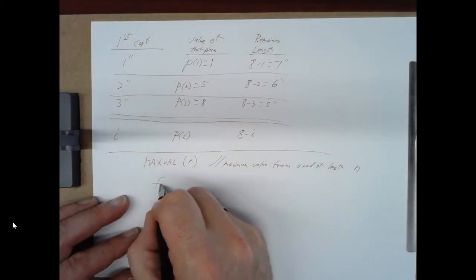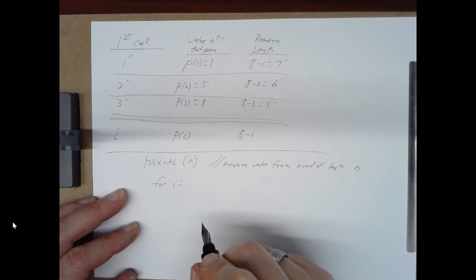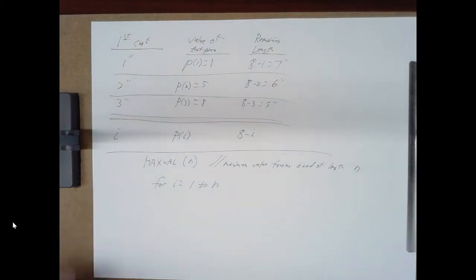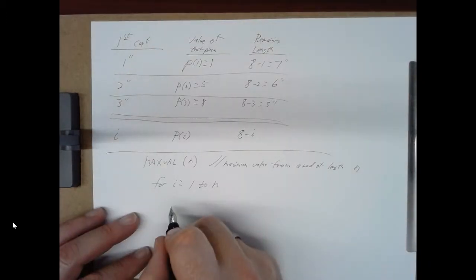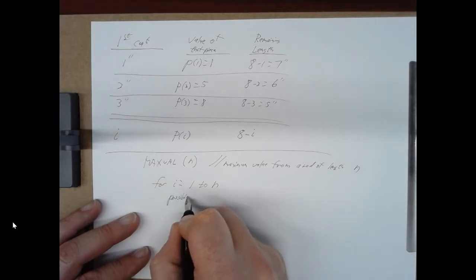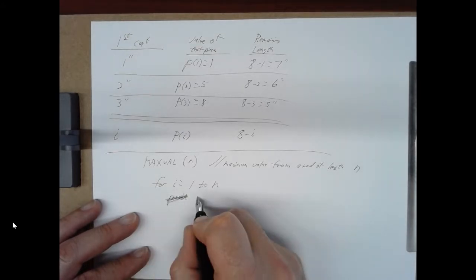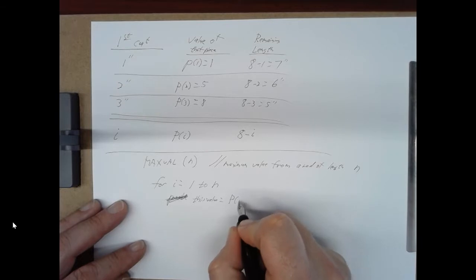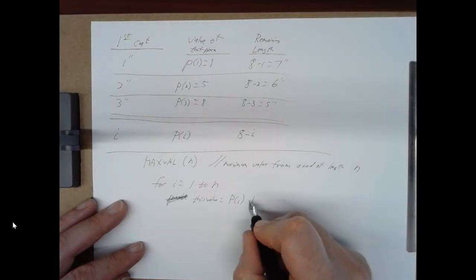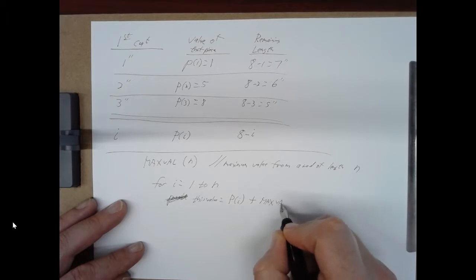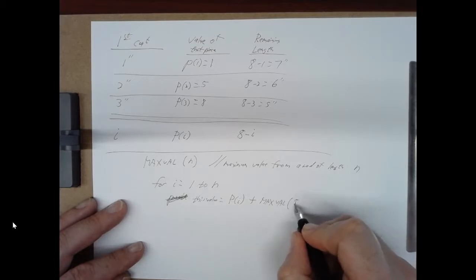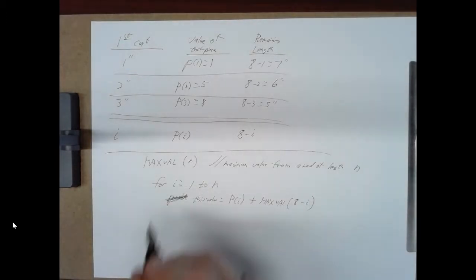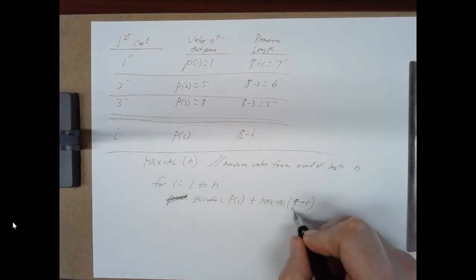And we can say for i equals 1 to n, this value equals the price of a rod of length i plus the maximum value we can get by cutting up a rod of length 8 minus i. But it's not always 8, right? It's whatever the length of our original rod is. So let's do n minus i.